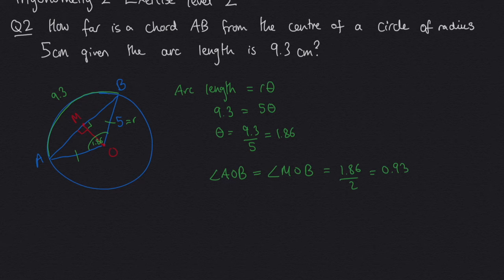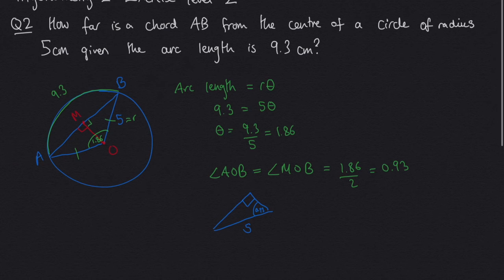So let's now draw out the triangle AMO. The triangle AMO has a length of 5 here, it has a right angle here, and it has an angle here of 0.93 radians. And this is A, this is M, and this is O. So now we can just use some trigonometry to find the length of MO.